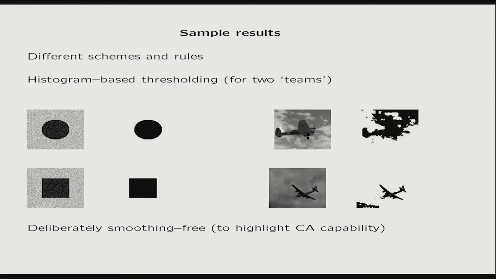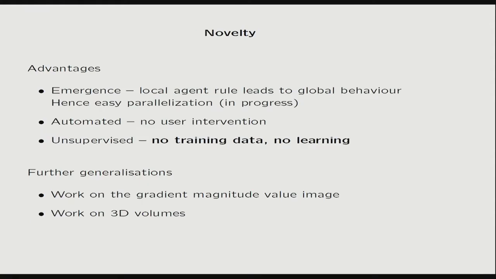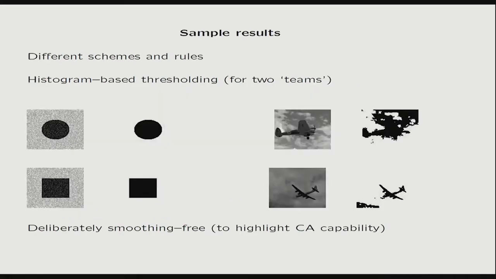And we also, in medical imaging, tend to work with the gradient magnitude image. So instead of working with the raw data, we look at the gradients in each direction, and we combine those to see where the steep edges are.